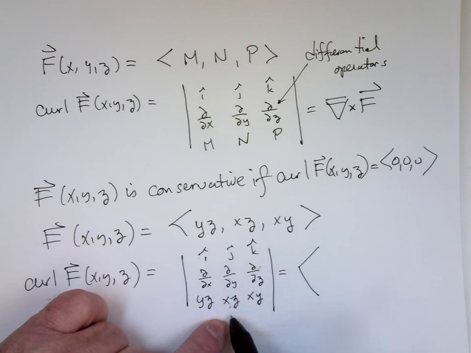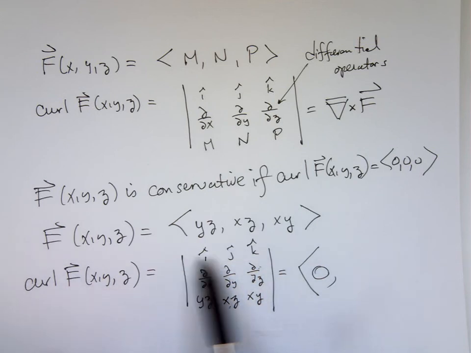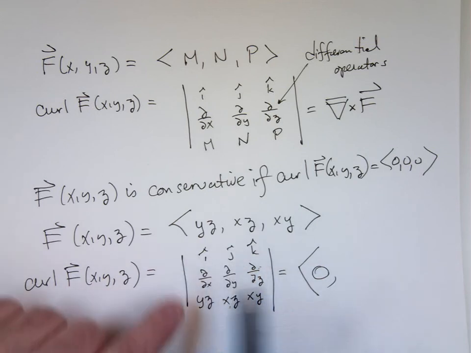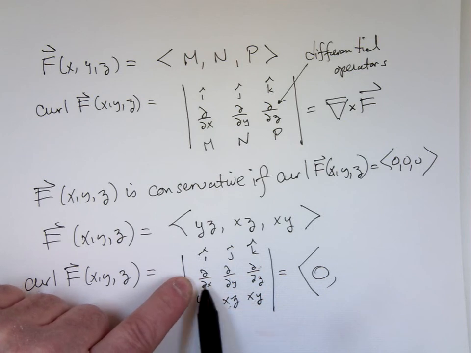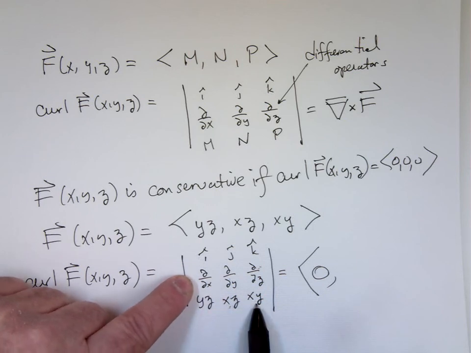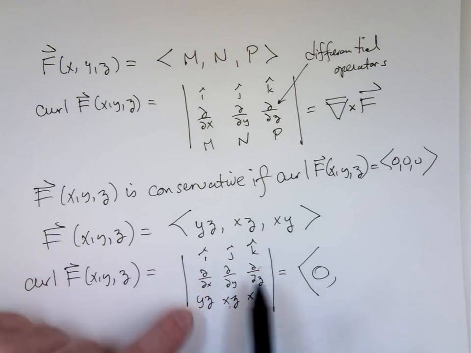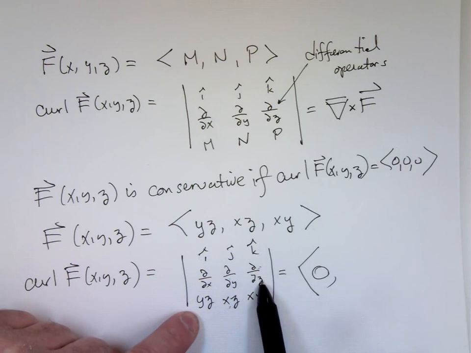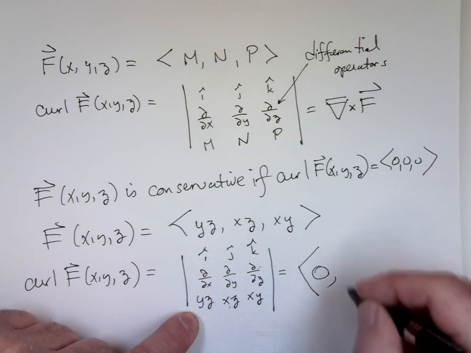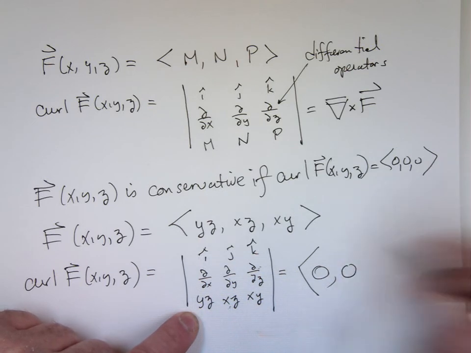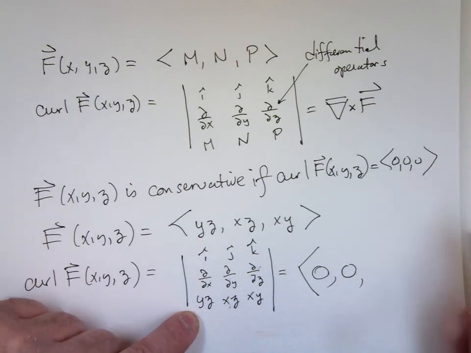Okay, here we go. Cross this out, cross this out. We have these two. Partial of xy with respect to x, y. These two. Partial of yz with respect to z, y. y minus y? 0. Last one.